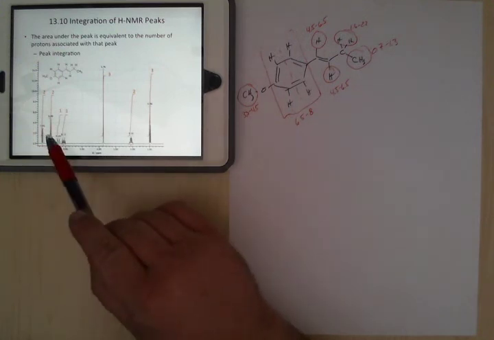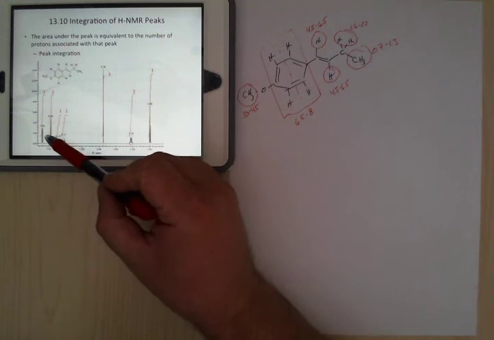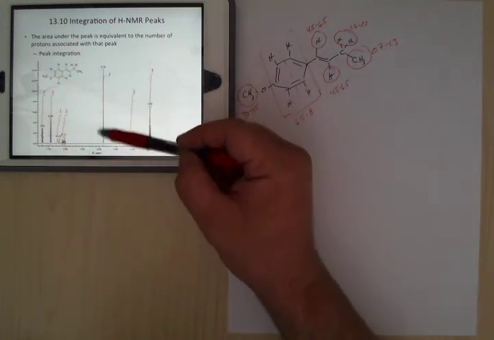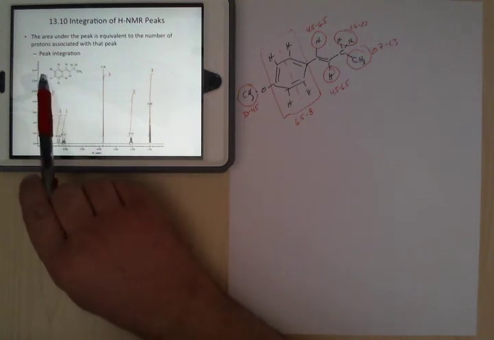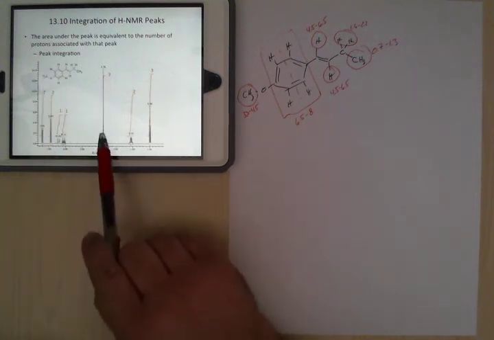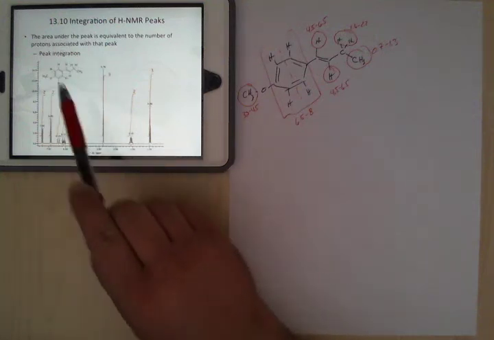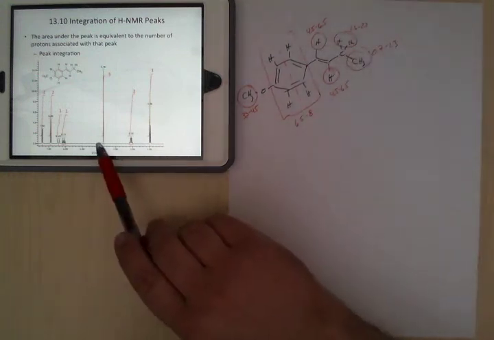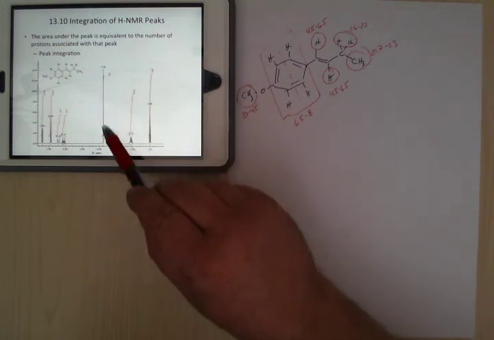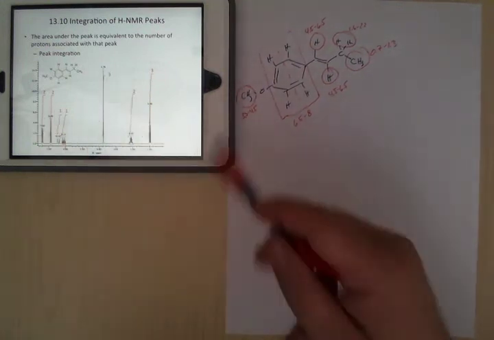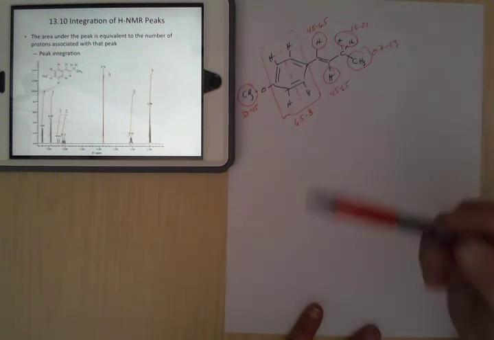It turns out that for this CH3, which is this one here, the area under the peak is 3 times as much as, say, the H's that are here. You'll sometimes see this as the area under the peak. From the ratios, you can see how many hydrogens are associated with that peak.